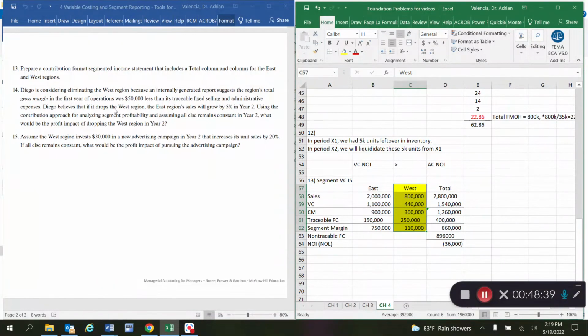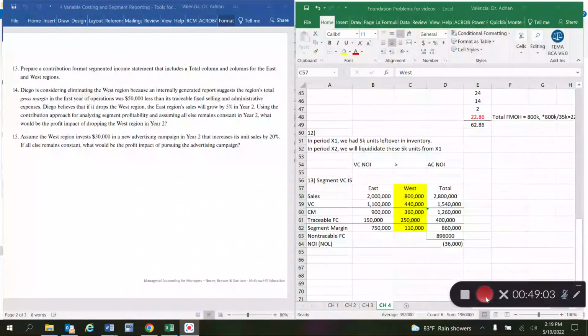Diego believes that if it drops the West region, the East region's sales will grow by 5% in year 2. Using the contribution approach for analyzing segment profitability and assuming all else remains constant in year 2, what would be the profit impact of dropping the West region in year 2?